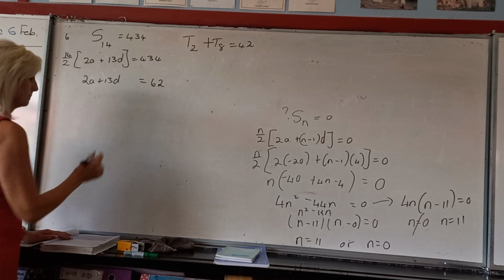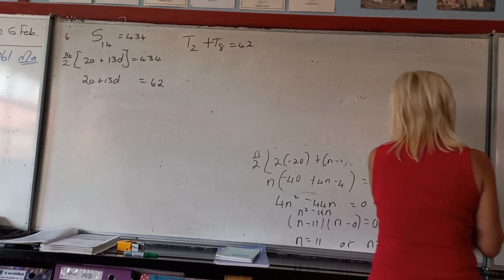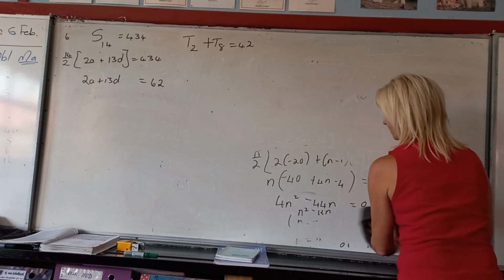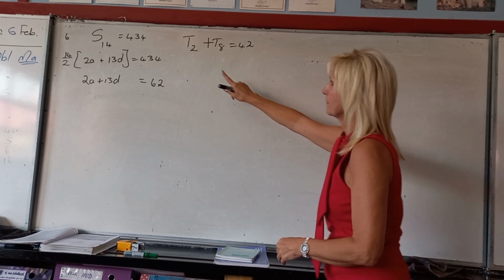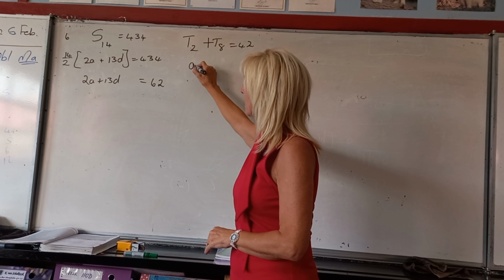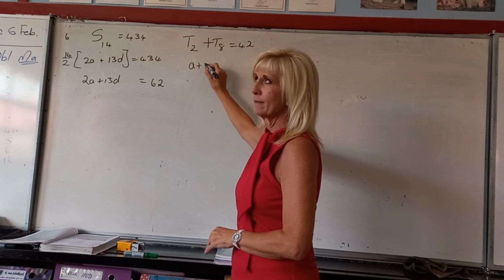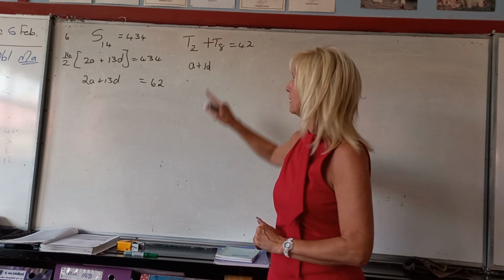Are you sure? Okay. And then for this one, what are the formulas that I'm using? For term 2, the formula is a plus 1d. Do I need to write the 1? And for term 8?